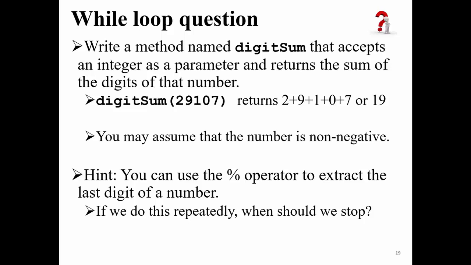As you can see on this slide, this is one of the candidate questions that will be on the lab test. I didn't give you the header. I left it for you, so you have to come up with the header of the method. Based on the description of the method, we are going to receive an integer.